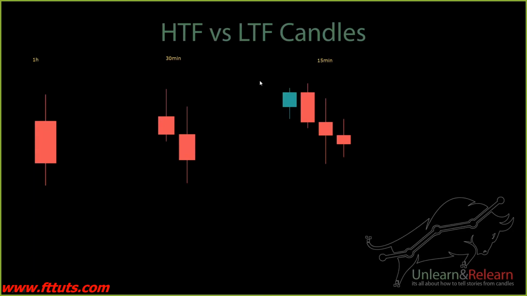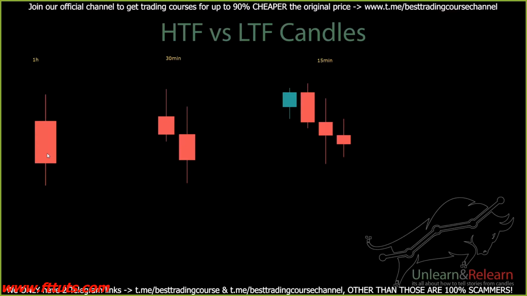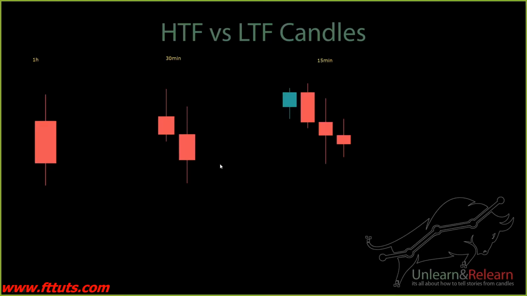Now, just by looking at the 1 hour, if we were to say that price has to go down, we're anticipating on the 1 hour for price to create a lower high and a lower low. On the 30-minute, also, we're looking for price to create a lower high and a lower low. On the 15-minute, it's just a bunch of candles forming. Let's see what happens here.